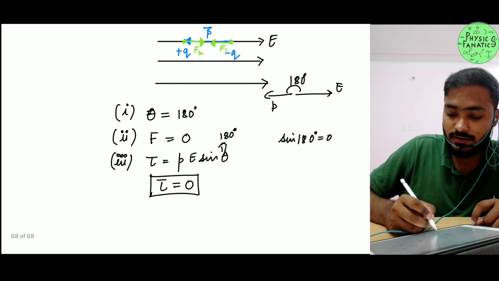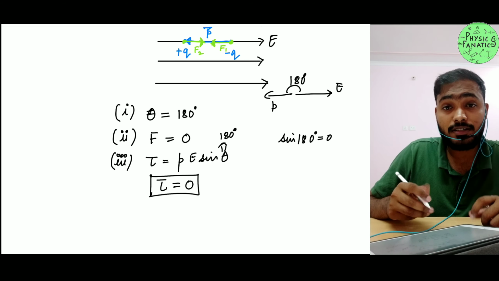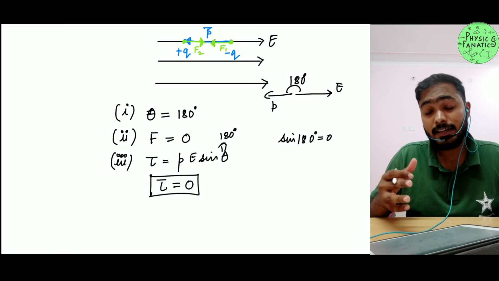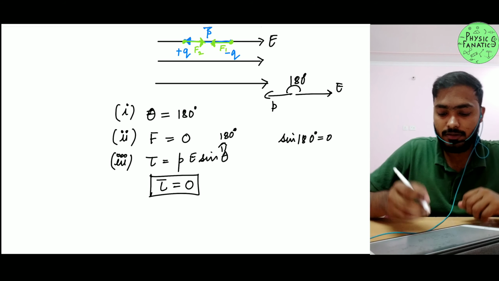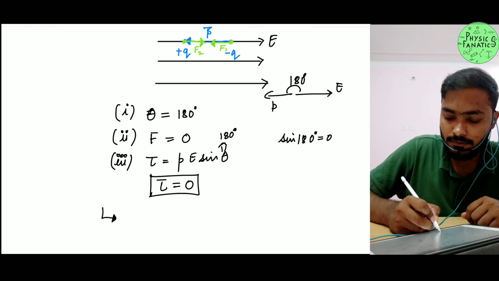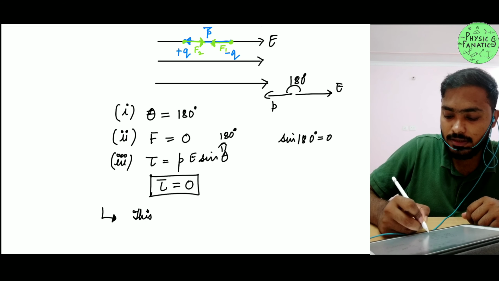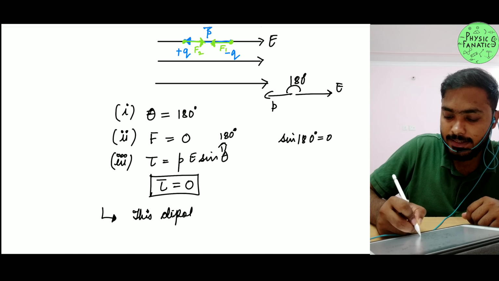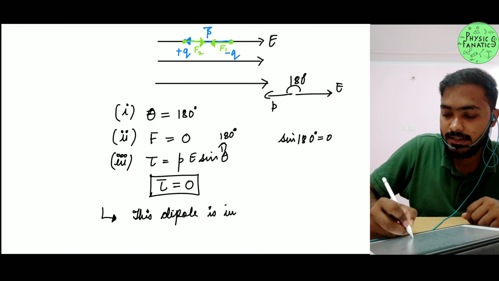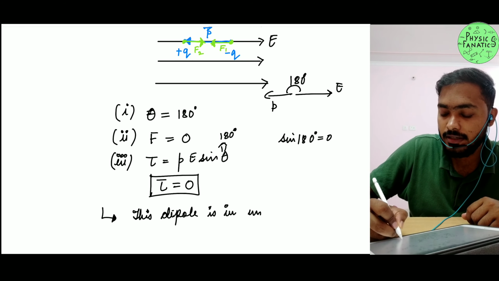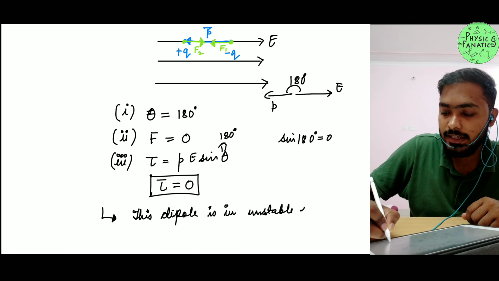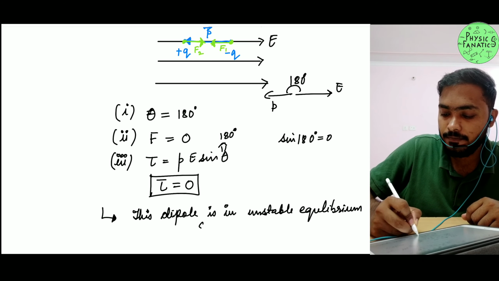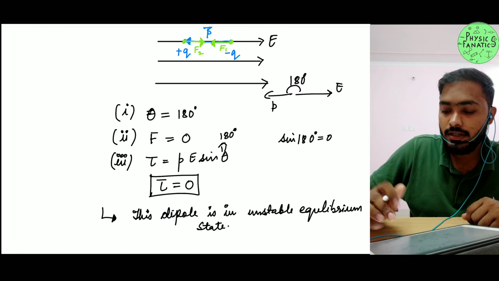So very nicely, this type of dipole is what you call unstable. This dipole is in an unstable equilibrium, right? You guys can say that this dipole is in an unstable equilibrium state, right?